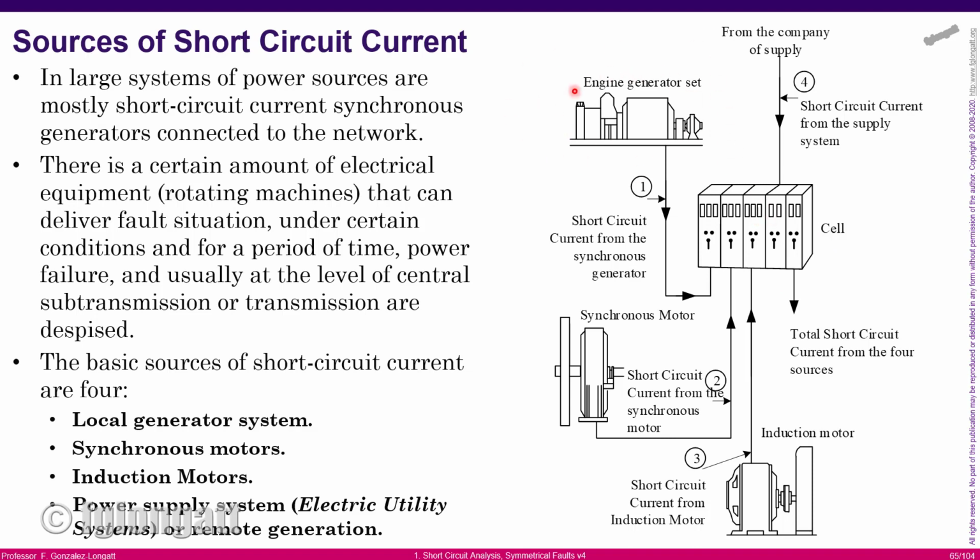There is a local synchronous generator, a local synchronous motor, and there is some induction motor, and there is a fault here. The fault happening is a three-phase short circuit fault.